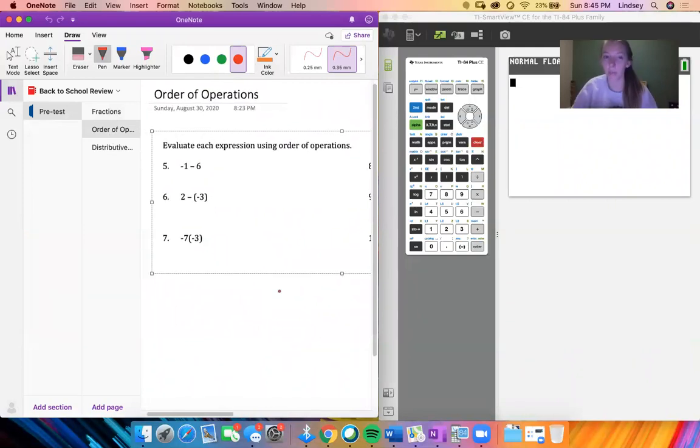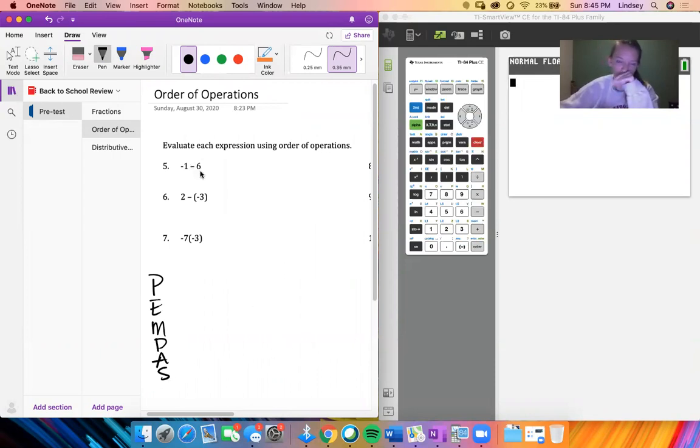All right, so the main thing with these, because you have a calculator that can do this now, is you just have to remember what order to do the operation. So we used PEMDAS. Okay, so the first one is -1 minus 6.